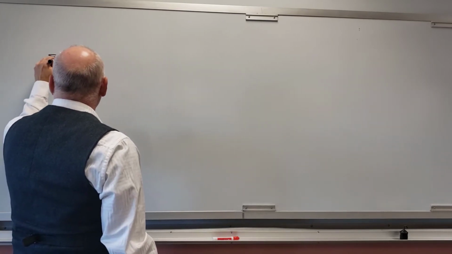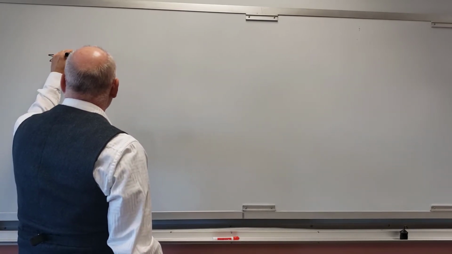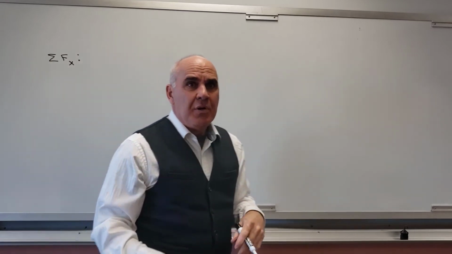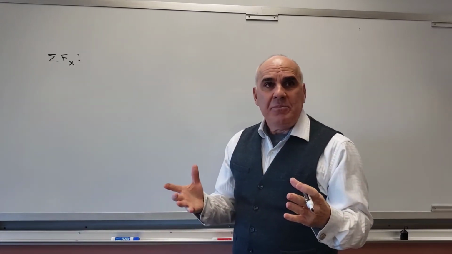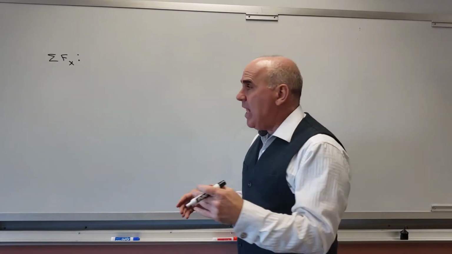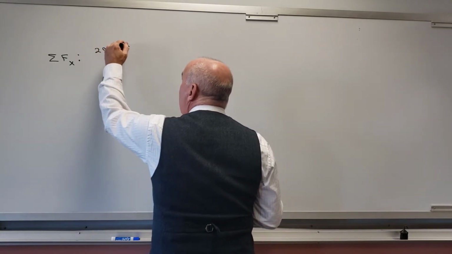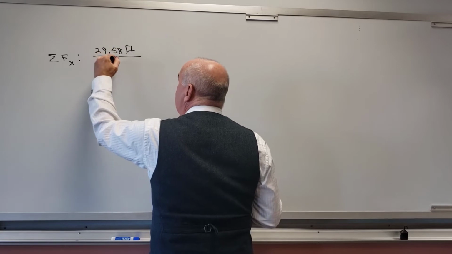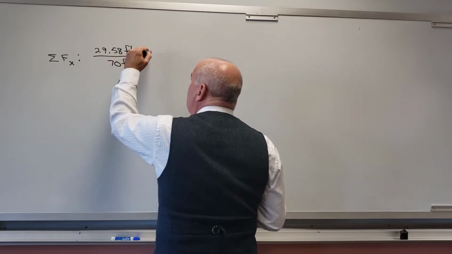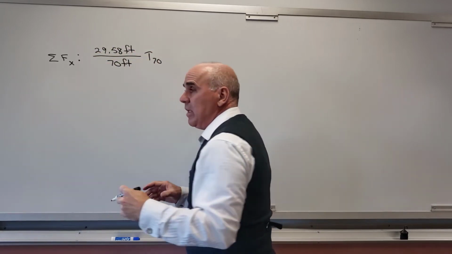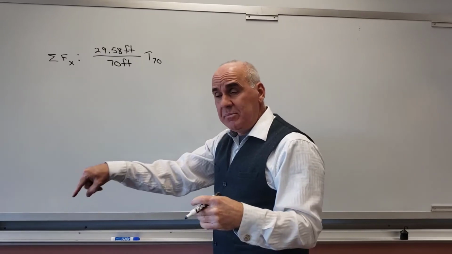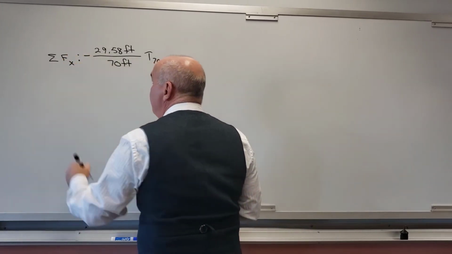So the sum of the forces, and I'm just going to do the x direction first. I'm going to get 29.58 feet divided by 70 feet times T70. That's just the magnitude, but remember that's going to be down and to the left, so that's negative.